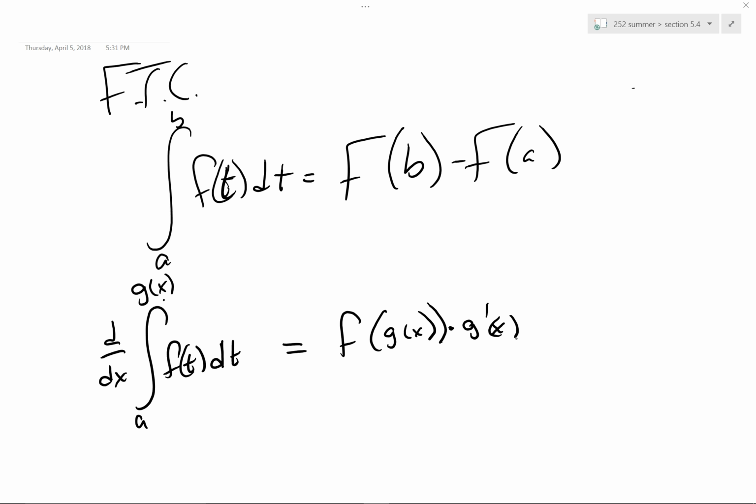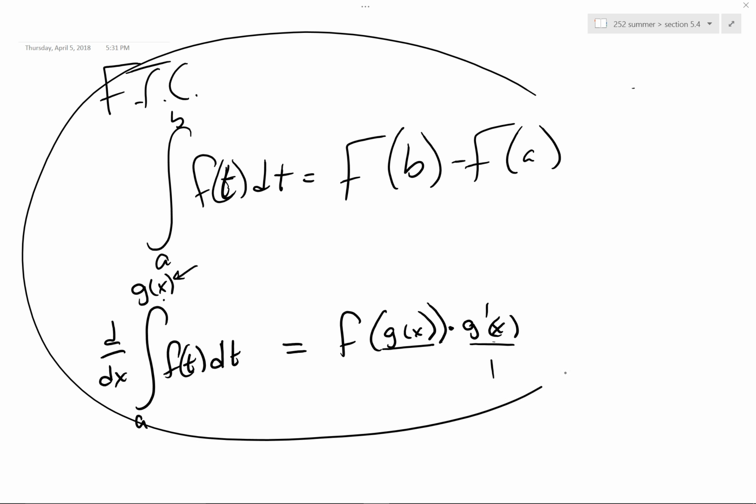That's how most books write it. Now again, if this function up here was just x, this would just be x, and what's the derivative of x? Just 1. Okay? This is the big deal, and again, your book does it in 5.3 and then in 5.4. Most books put them in the same section because they are the same stuff. But that's all. Two sides of the same coin, if you will.